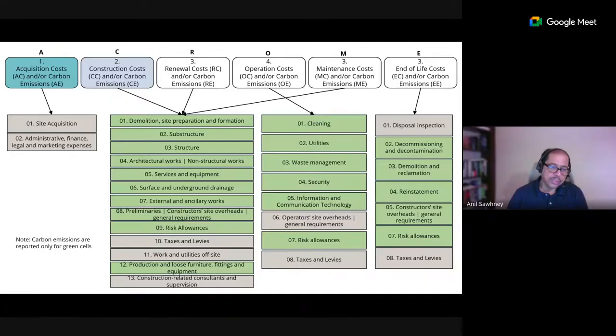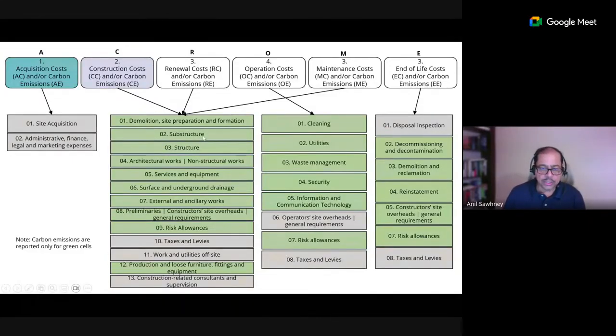The boxes under A, which is your acquisition or pre-construction costs and carbon emissions, remember, they only apply to infrastructure. They are generally considered optional for buildings, so they're not seen as green here, but they are included. Then you have construction costs CC and construction emissions CE.